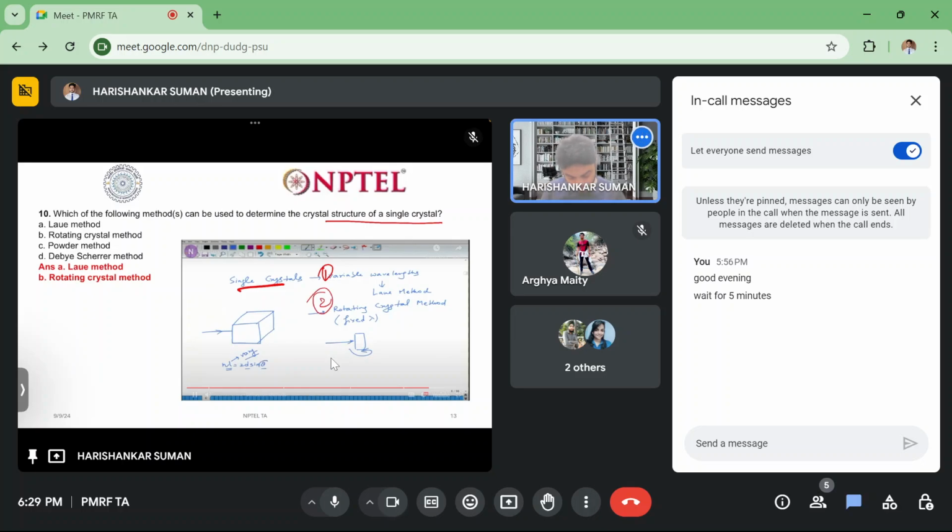You can see in the screenshot also, sir has discussed single crystal. We can use Laue method and rotating crystal methods.